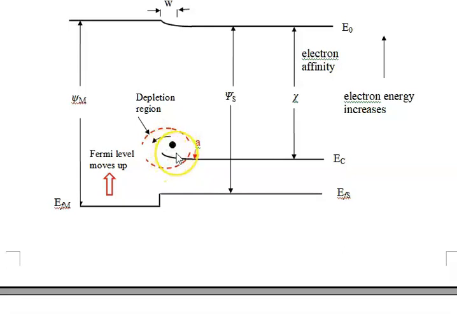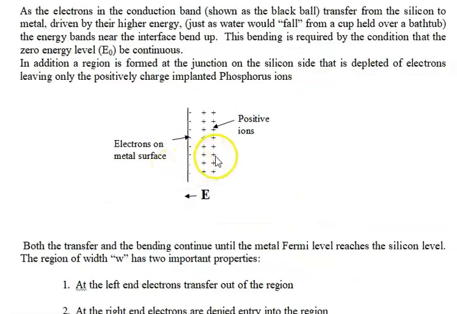Because it's N-type, we know it's N-type because the Fermi level is close to the conduction band, the ions, the phosphorus atoms, which have been ionized, have donated electrons, and they are positive. And that is shown here.